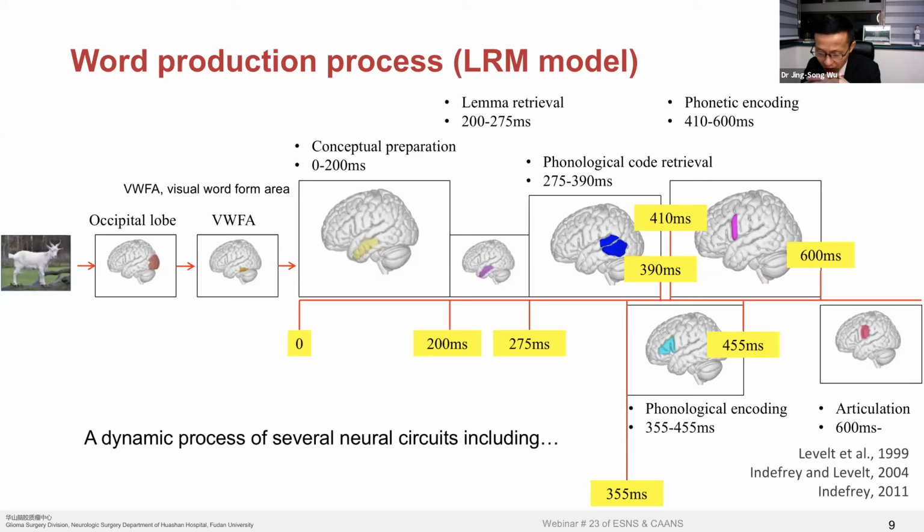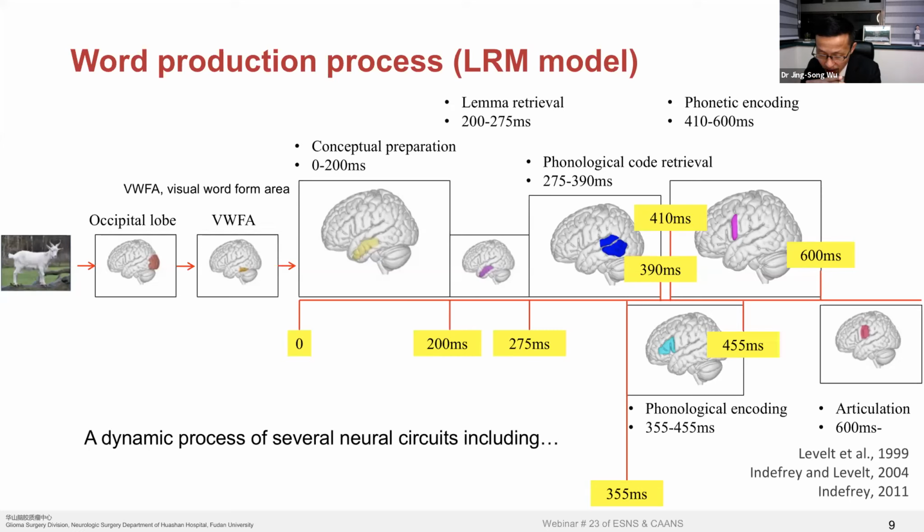Before the end of the phonological code retrieval process, the Broca area gets activated to complete the phonological encoding process. This step takes approximately 355 to 455 milliseconds and is responsible for creating the syllable sound and the rhythm information.